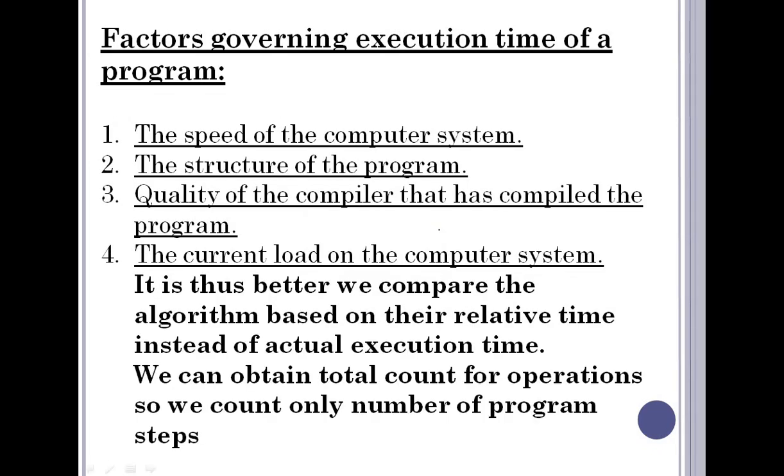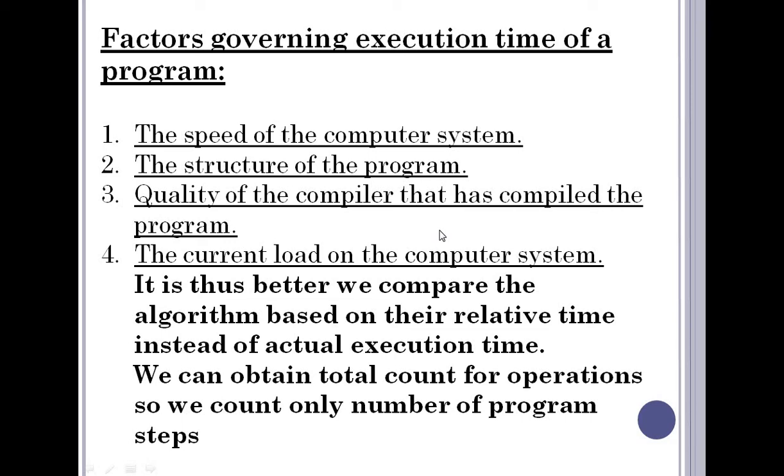What are the different factors governing the execution time of a program? The first is the architecture of the computer, that is, the speed of the computer; then the quality of the compiler you are using, and the current load on the system right now.